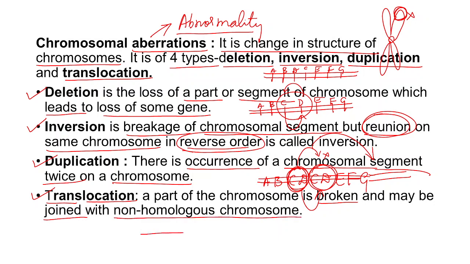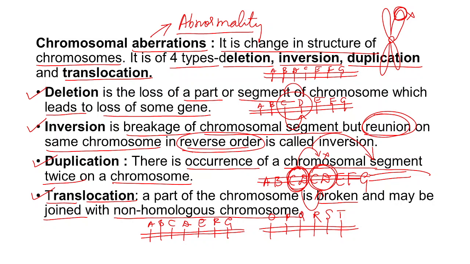If you consider this as the part of the chromosome with A, B, then C, D, E, F and G, and here is another non-homologous chromosome which has O, P, Q, then R, then S and T.